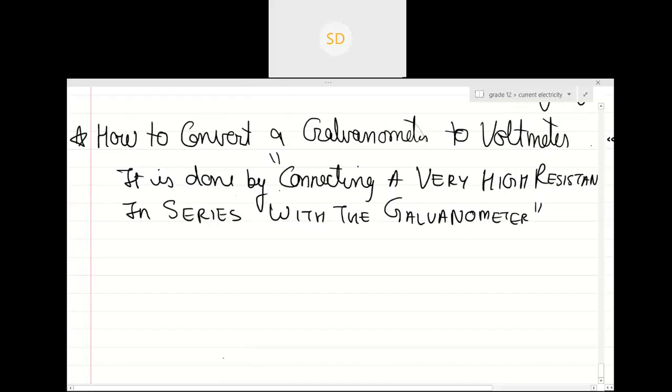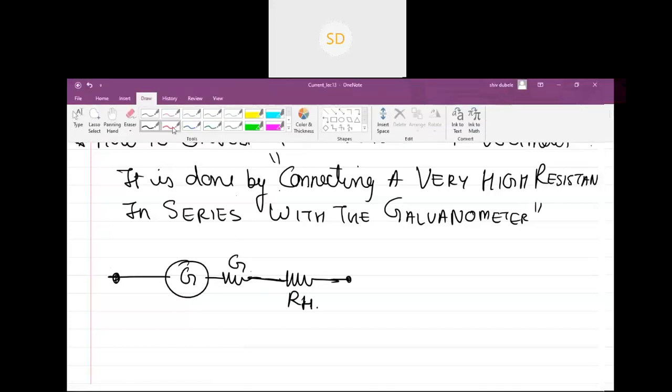So suppose guys, this is your galvanometer, and if you connect a very high resistance in series with this galvanometer. Can you see this galvanometer will already have its own resistance, right? What is the resistance of this galvanometer? G. So with this galvanometer, we are connecting one more high resistance in series.